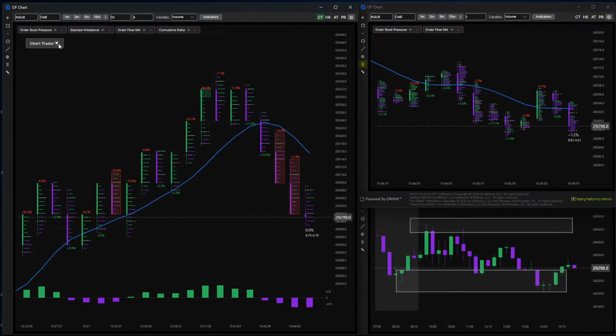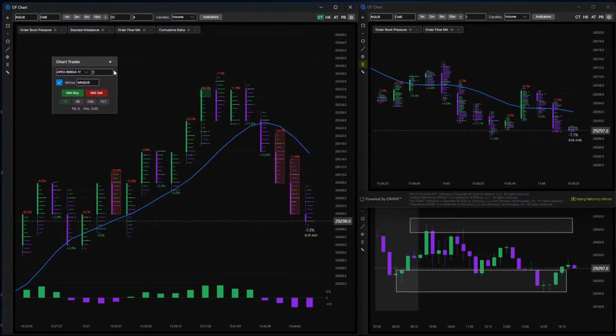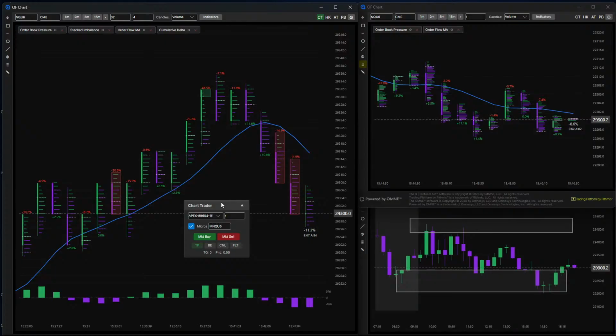Hey, the chart trader, it's a panel. It's a floating panel. It's not docked over to the right like most of them. You can move it around like you want. You can go ahead and collapse it. You can trade your accounts here. If you don't want to trade micros, uncheck that. Then you trade the minis. If you want to trade the micros, trade micros.